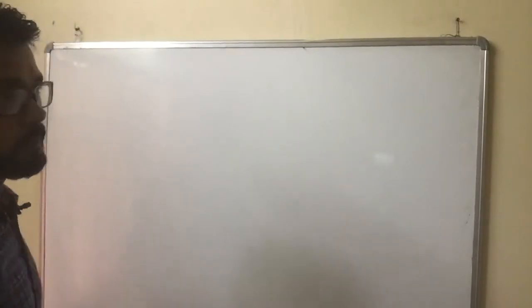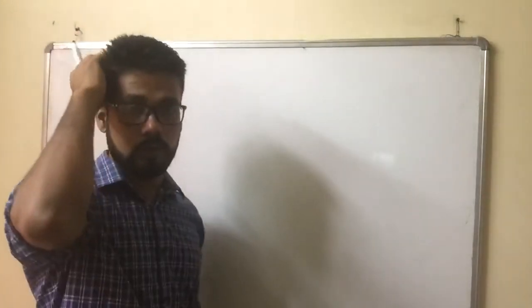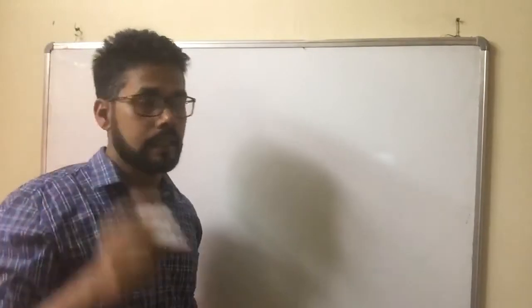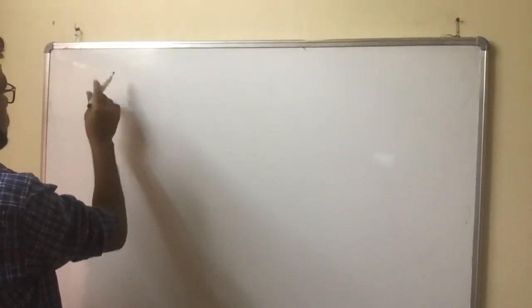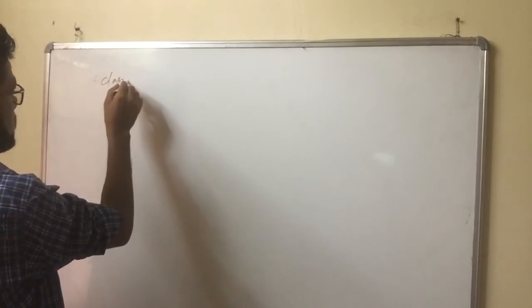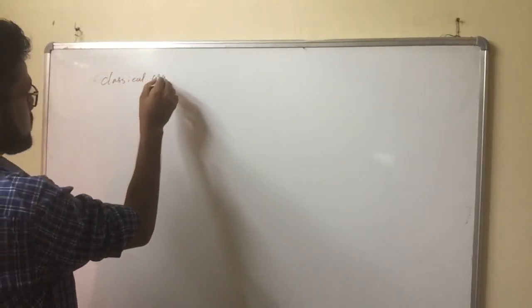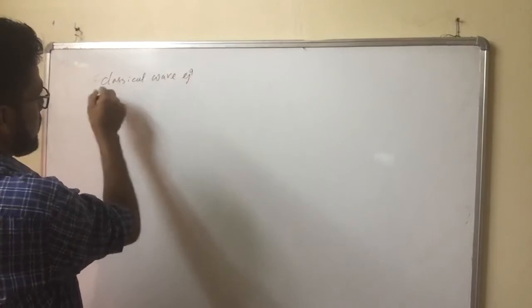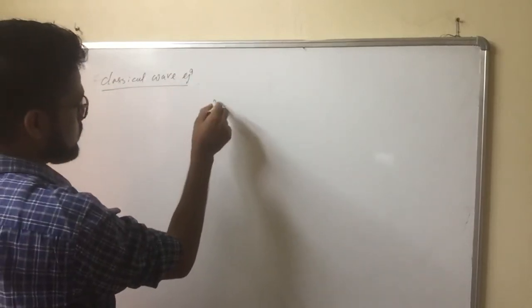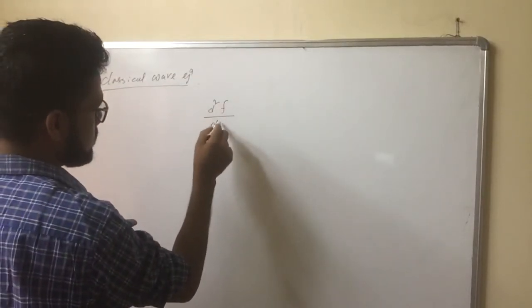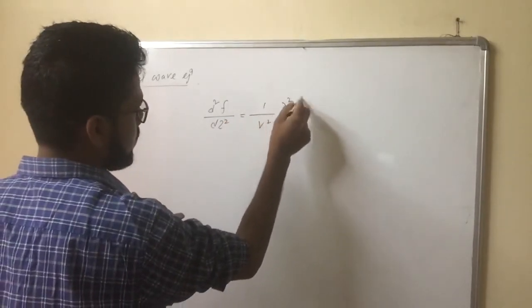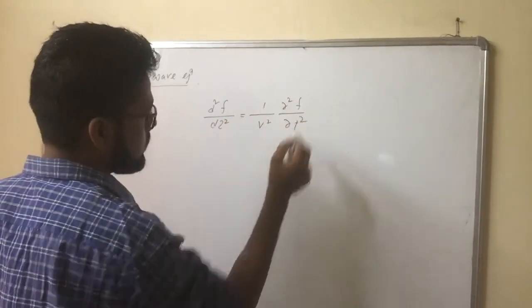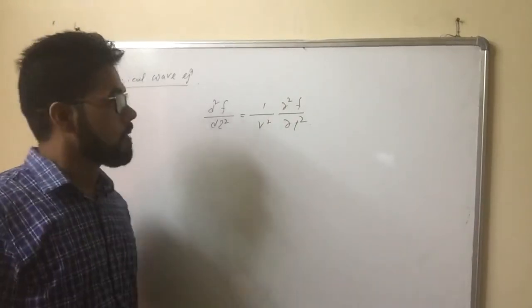Before going to the wave equation, you have to know what a wave equation is. The classical wave equation we already know: d squared f by dz squared equals 1 by v squared d squared f by dt squared.